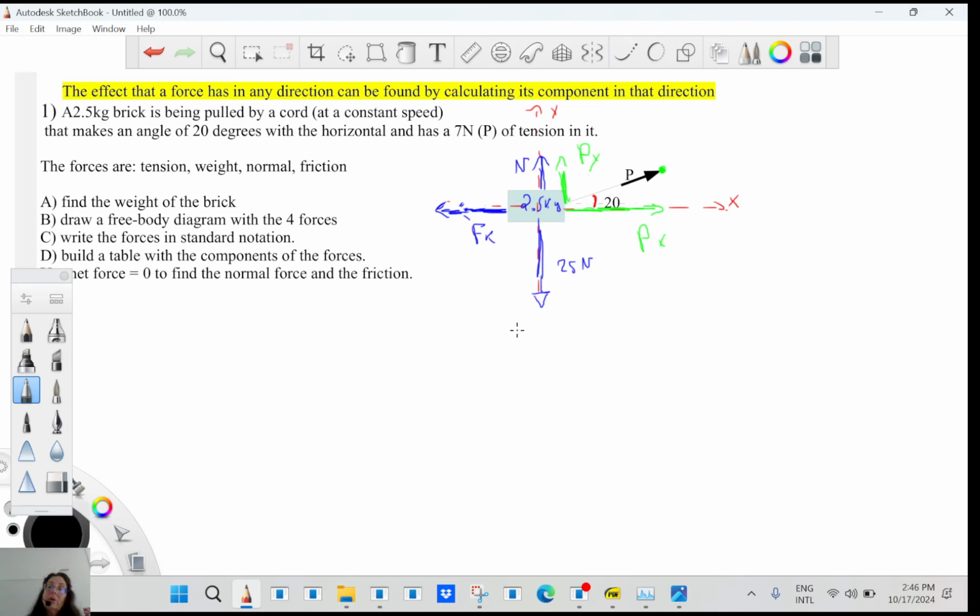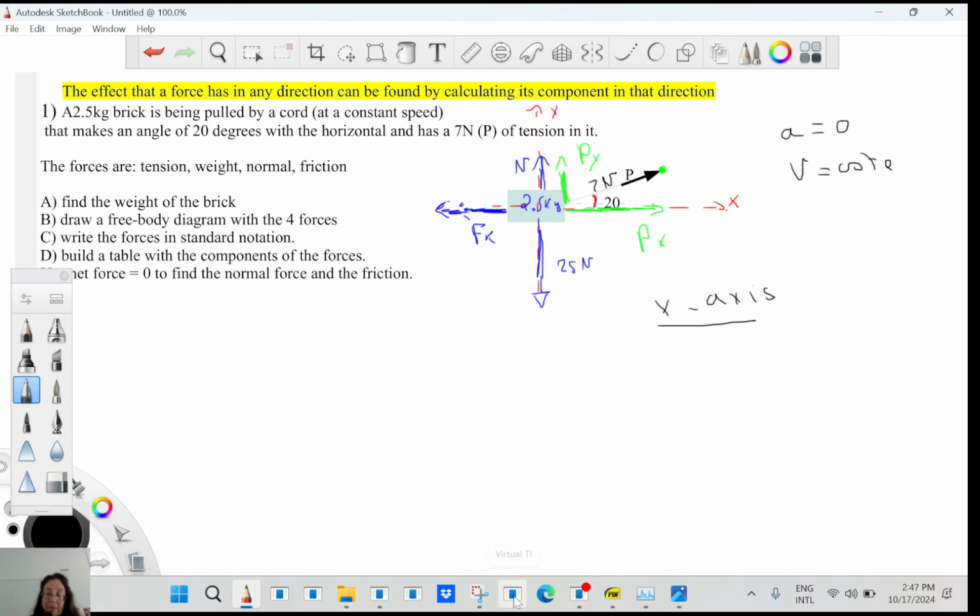Okay, so along the X-axis, it's in equilibrium, which means acceleration is zero, the velocity is constant. It's dynamic because it's moving. So what is pulling to the right? The X component, right?